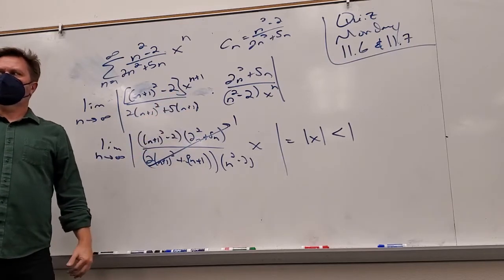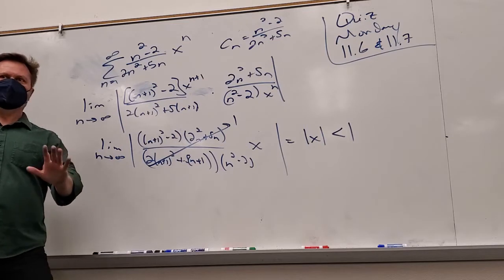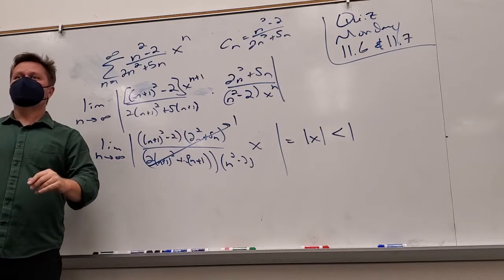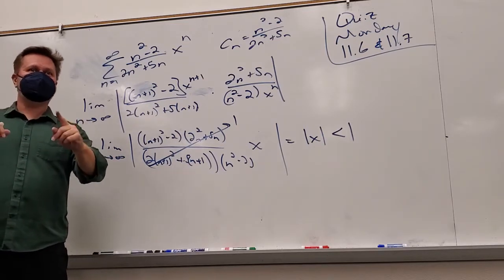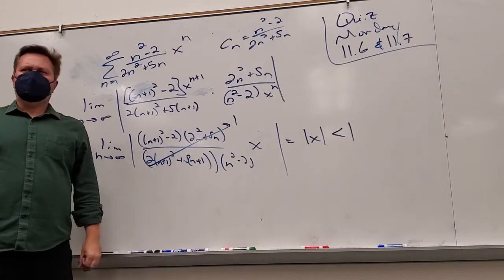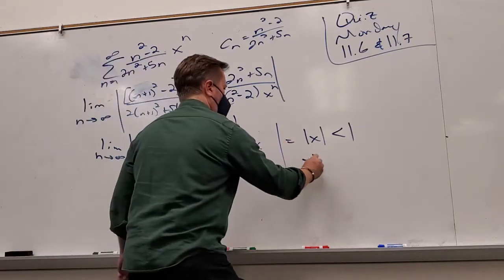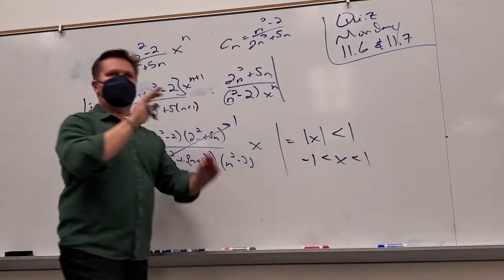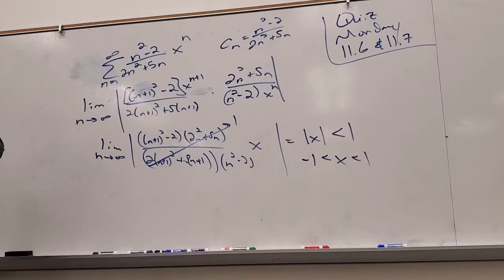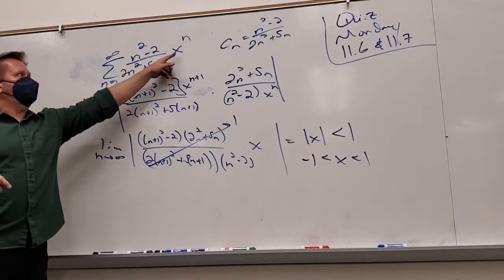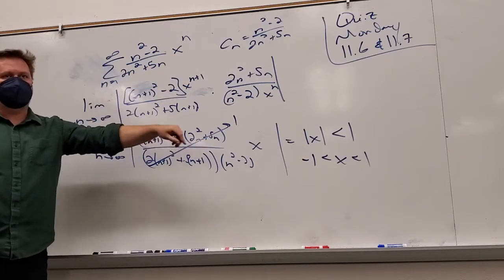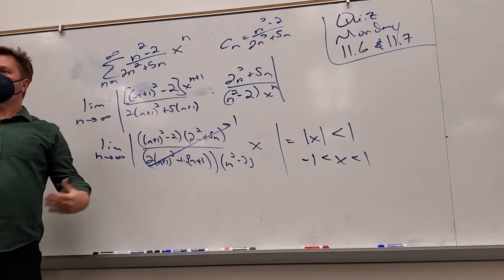All right, now here's where things get really interesting. So, let me make sure everybody's with me. What does this series do for any x value I put in that's between -1 and 1? It converges.